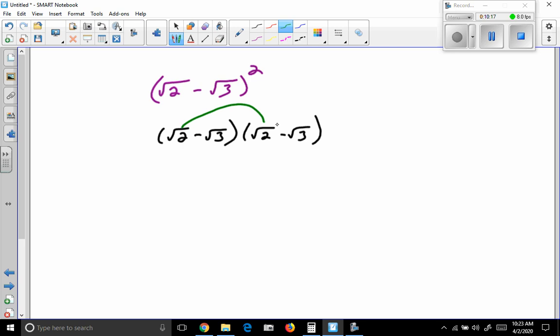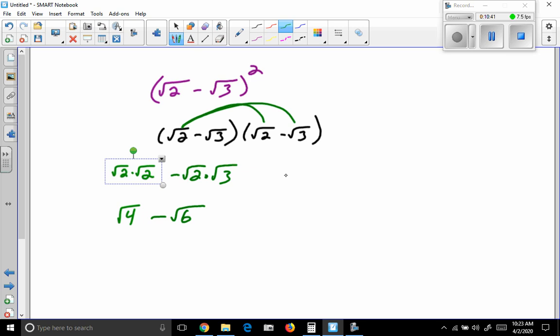So we can do the square root of 2 times the square root of 2, which I'm going to go ahead and call the square root of 4. 2 times 2 is 4. The square root of 2 times minus the square root of 3. Well, positive times negative is negative. Square root of 2 times the square root of 3. Multiplying two radicals, so that makes the square root of 6.